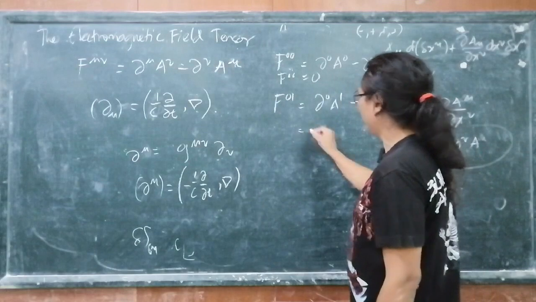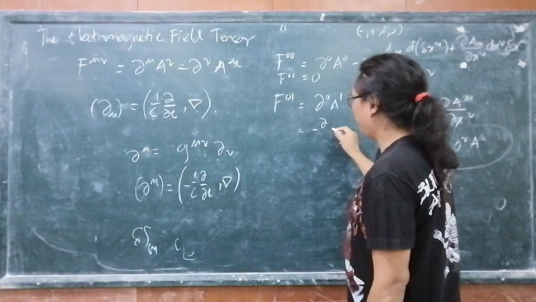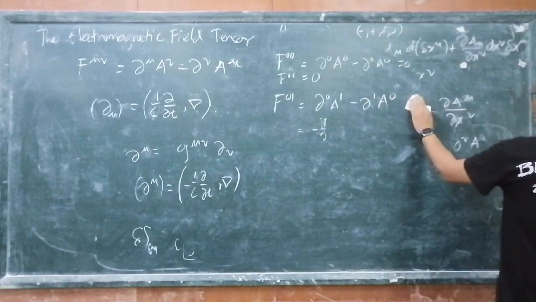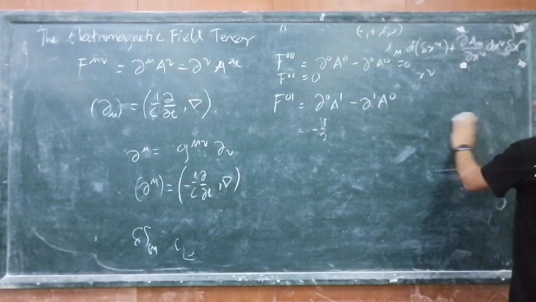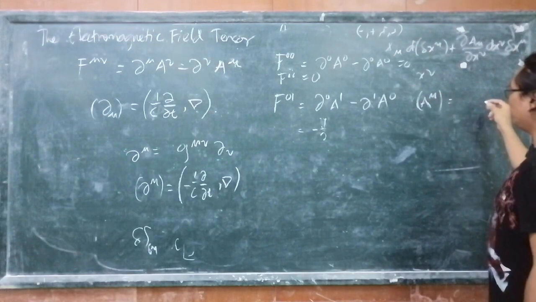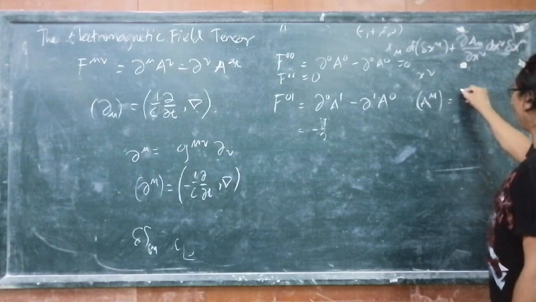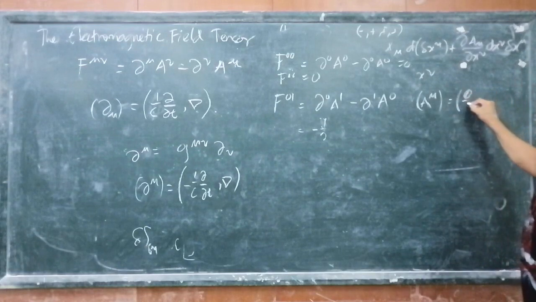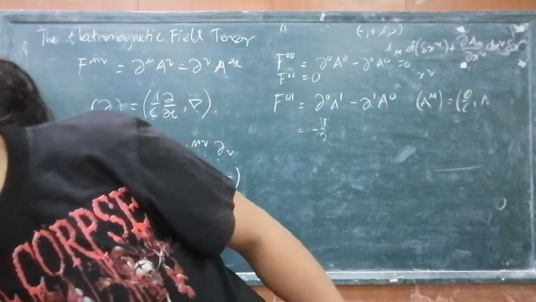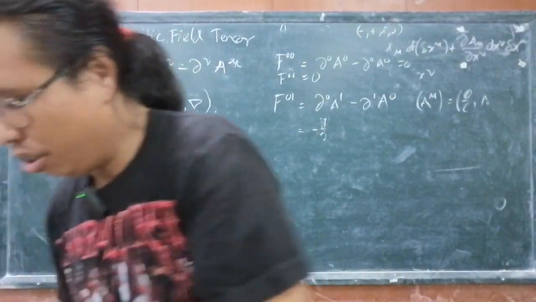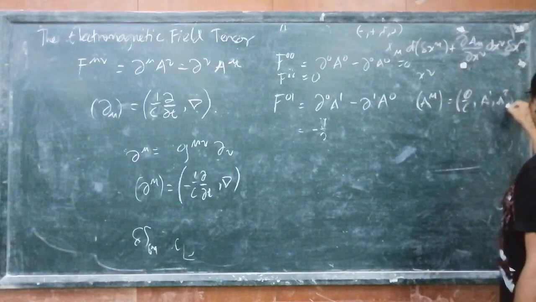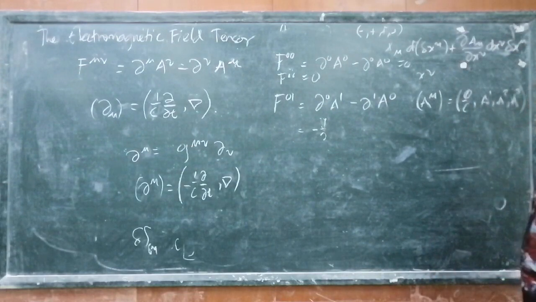This is minus partial 1 over C. By the way, what's our A? Let's write our A again. Our A mu would be phi over C, A1, A2, and A3.